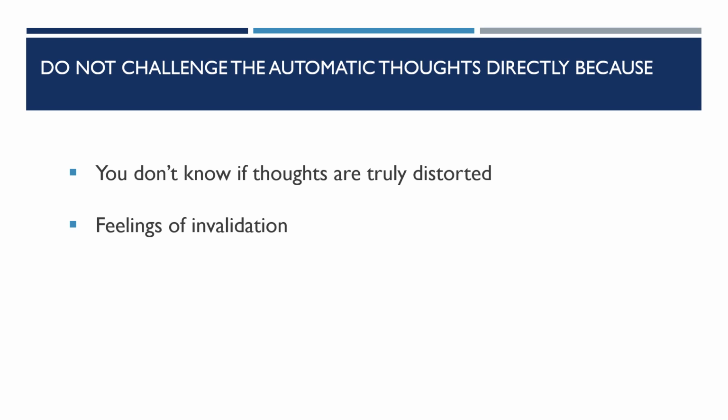If you directly challenge your client's automatic thoughts, your clients might feel invalidated. It also violates the principle of collaborative empiricism, which puts really high priority on eliciting clients' active participation and putting your clients in the driver's seat.